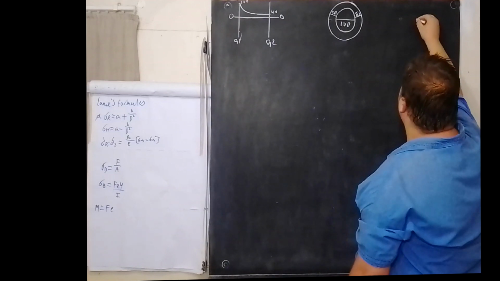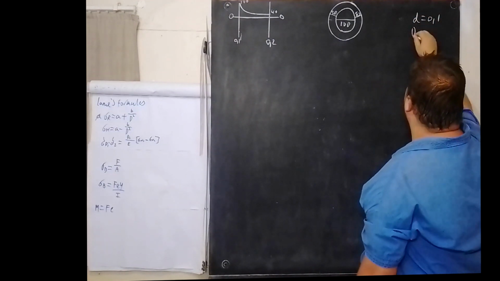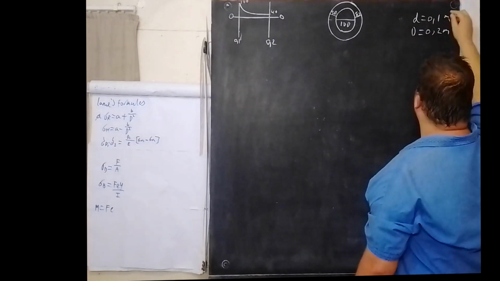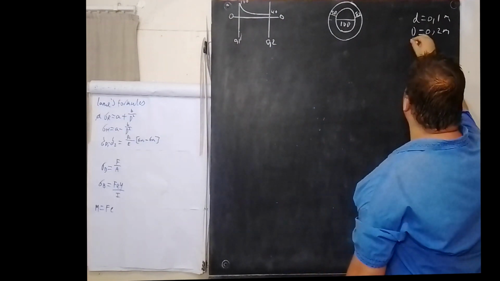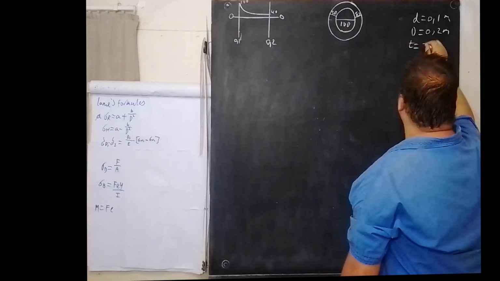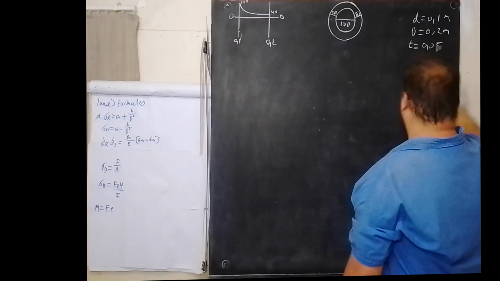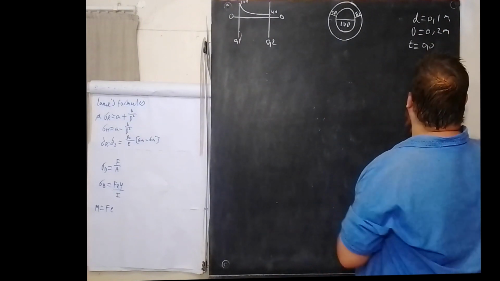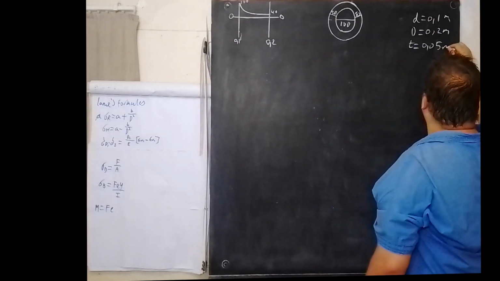Now we're going to put in the values that we know. So our small diameter is 0.1, our big diameter is 0.2 meters. The wall thickness is 0.05 meters.